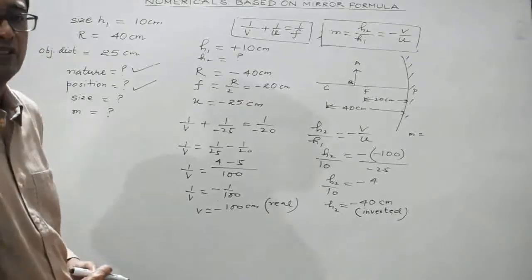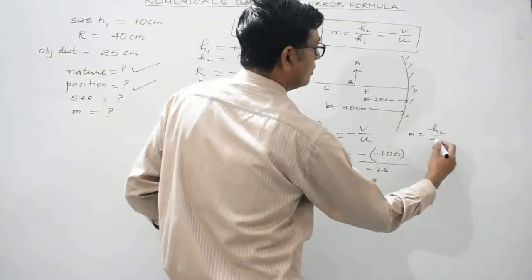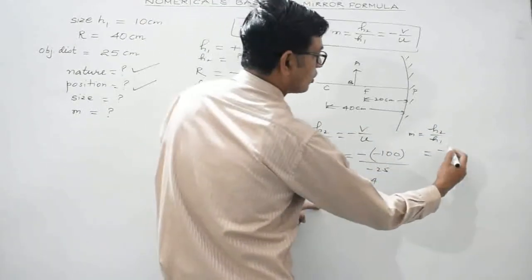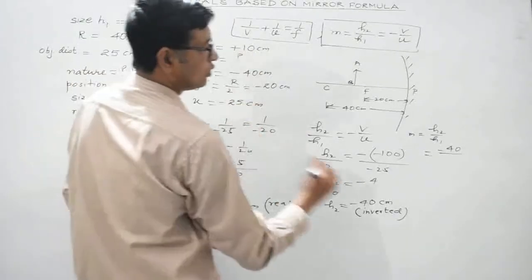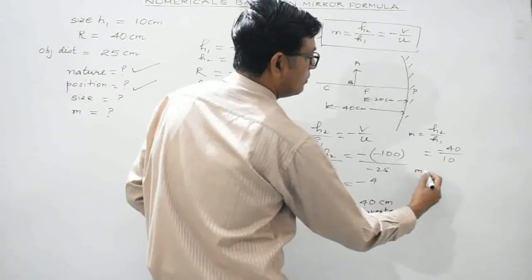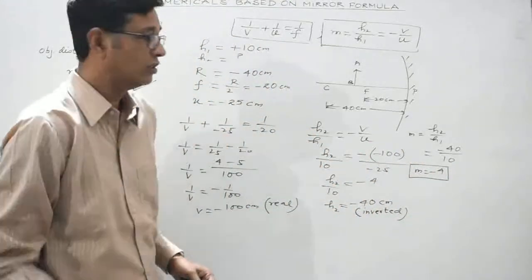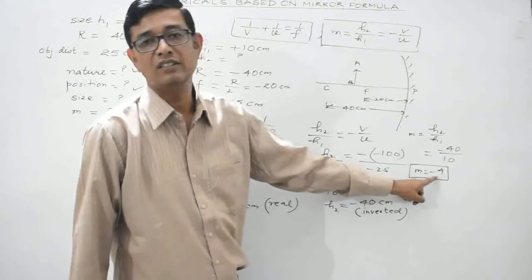Now linear magnification. It is basically H2 by H1 or minus V by U. H2 is found to be minus 40. H1 is equal to plus 10. So M is equal to minus 4. Look, I have already told you, in case the nature of the image is inverted, linear magnification should be negative.